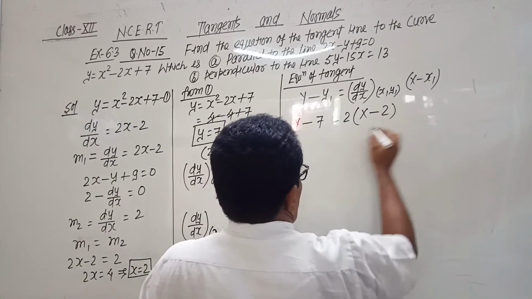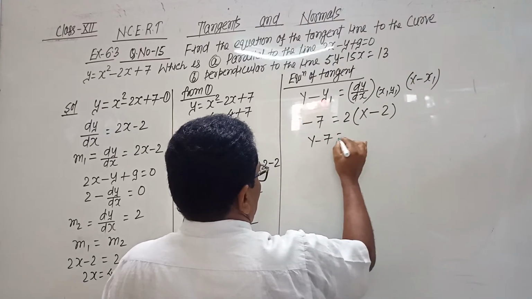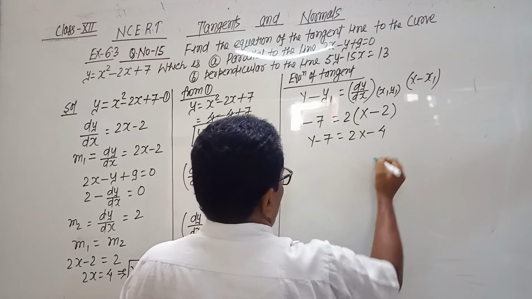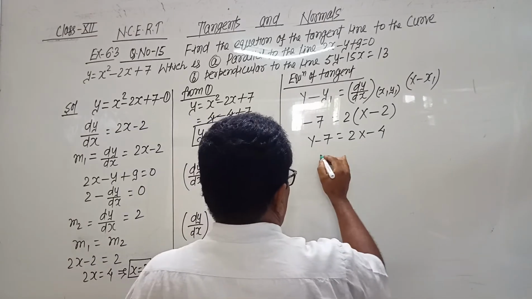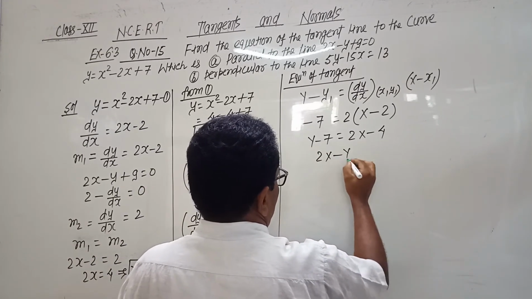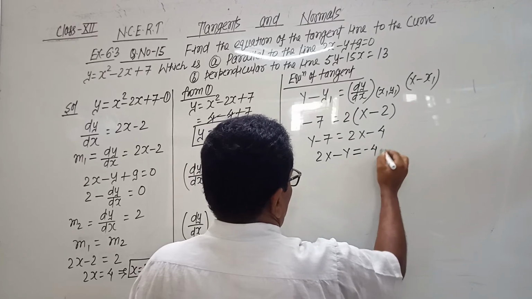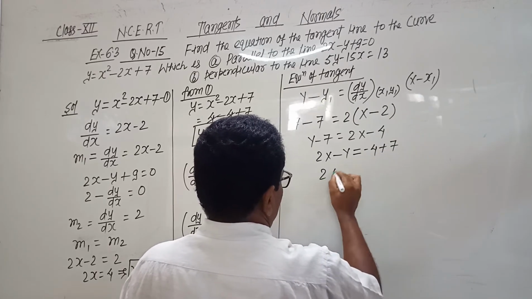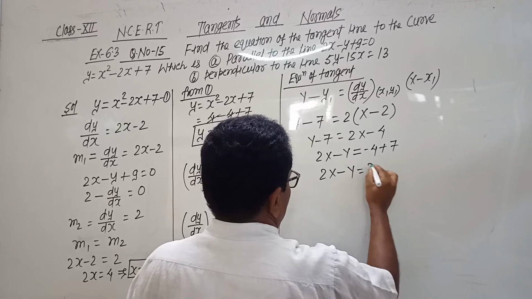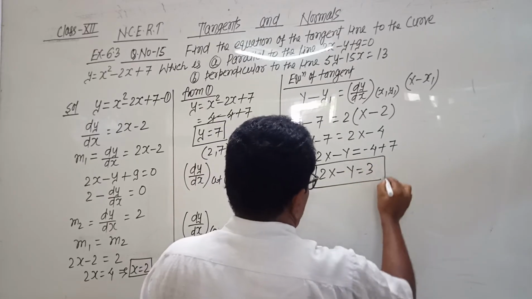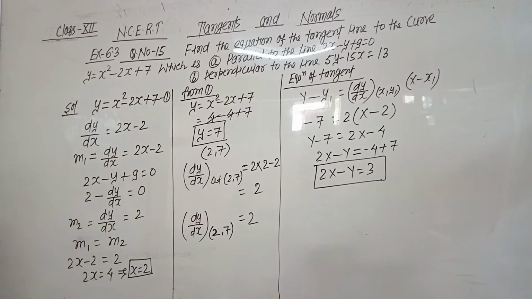So y minus 7 equals 2x minus 4, and 2x minus y equals minus 4 plus 7, and the result we get is 2x minus y equals 3. So this is the equation of the tangent to the curve which is parallel to the line 2x minus y plus 9 equals 0.